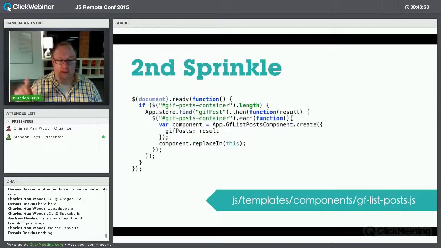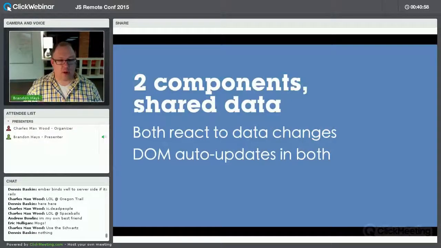We did this before with a different component. We say, take that component, put it in the DOM, take this one in a different spot in the page and put that in the DOM. What's cool about using Ember Data is it creates this bucket or pool of data underneath your app, and these two components talk to each other using that shared pool of data. So changes to one thing will populate over on another.